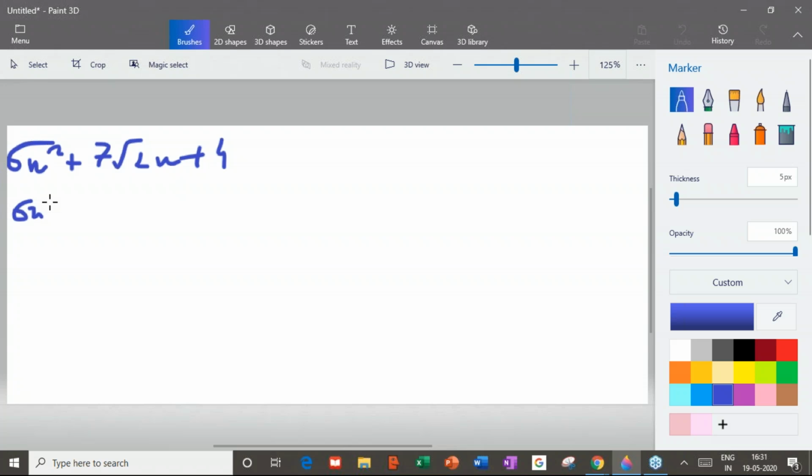So it should be nothing but 6x squared plus 4 root 2x plus 3 root 2x plus 4. Okay, so you can check. 4 root 2 plus 3 root 2 will give you 7 root 2, and 4 root 2 into 3 root 2 will give you 24. Right? Root 2 into root 2 is 2, and 4 into 3 is 12. 12 into 2 is 24. Right?